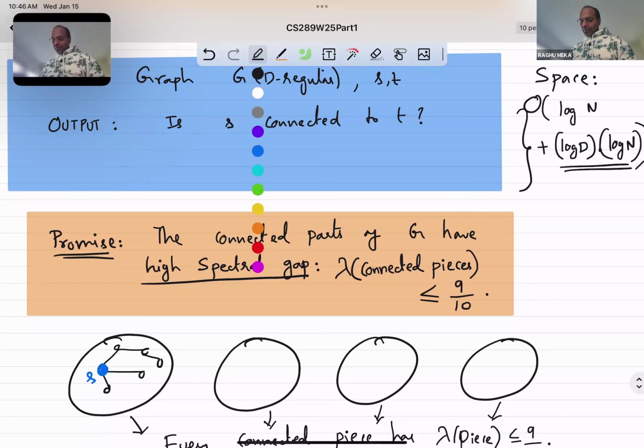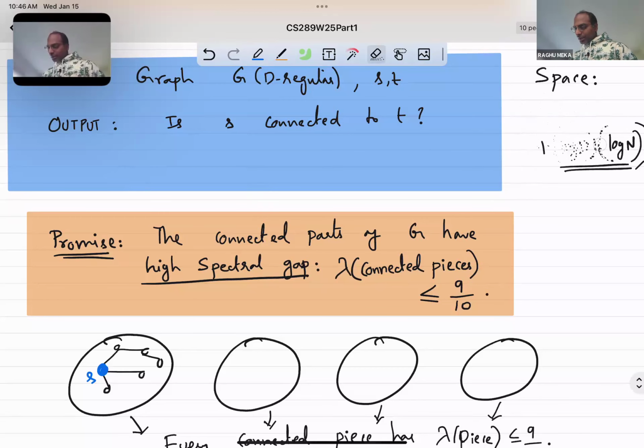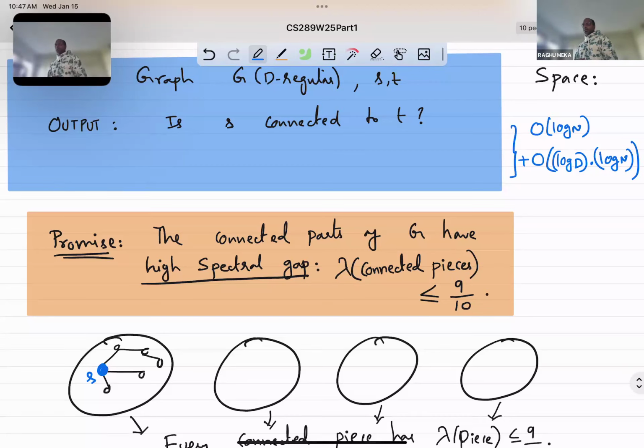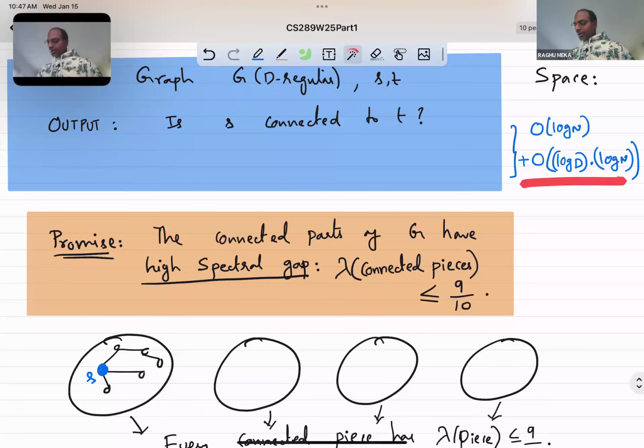So if our graph has, let me write it properly, high spectral gap, something like 9/10, then I can solve it in almost log space.